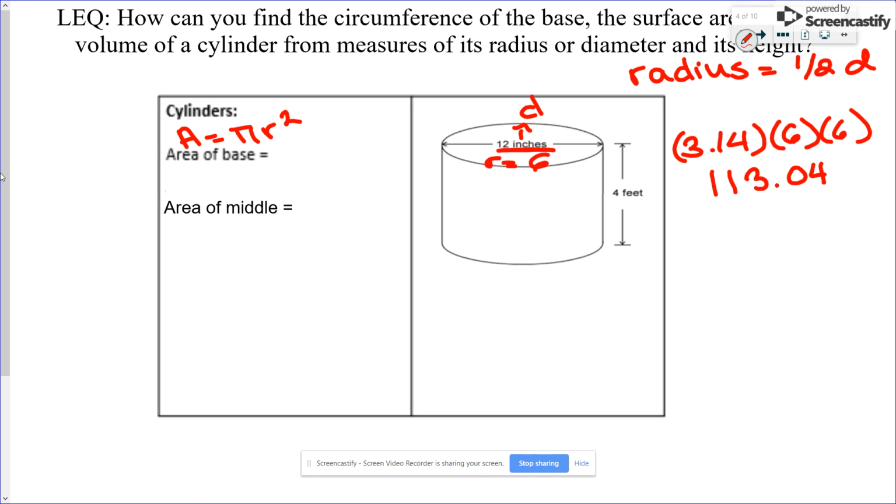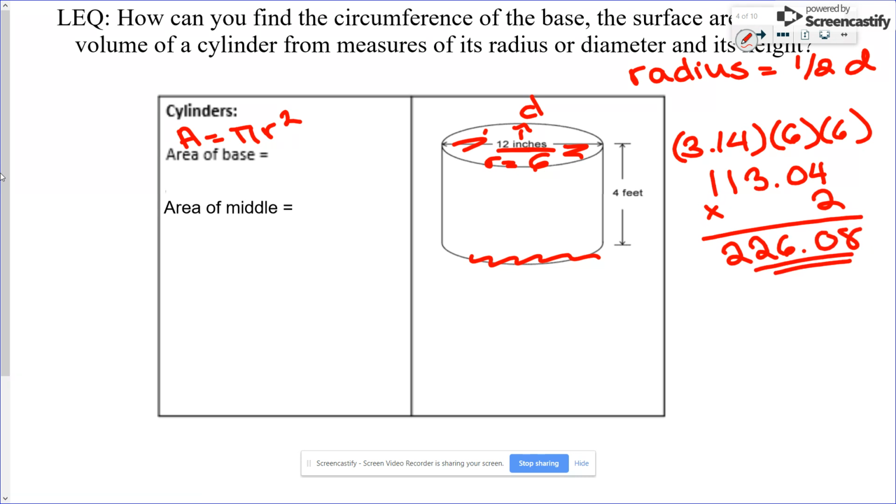But we have 2 bases. We have a base at the top, and we have this base at the bottom, which we can't see. So we have to take that and times it by 2, and we will get 226.08. I'm just going to keep that for later.